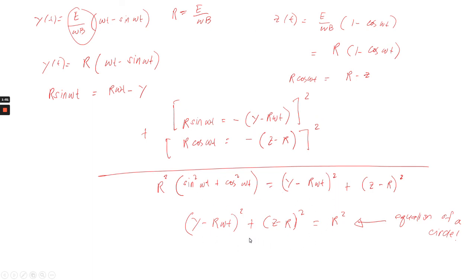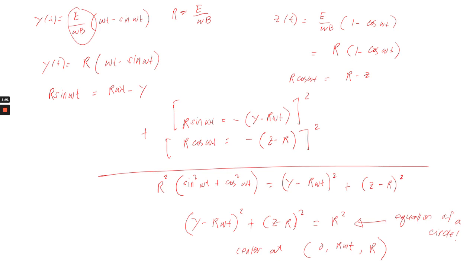So this is an equation of a circle whose center is at 0 for x, y is r omega t, and z is r. Okay? And it travels in the y direction at constant speed.